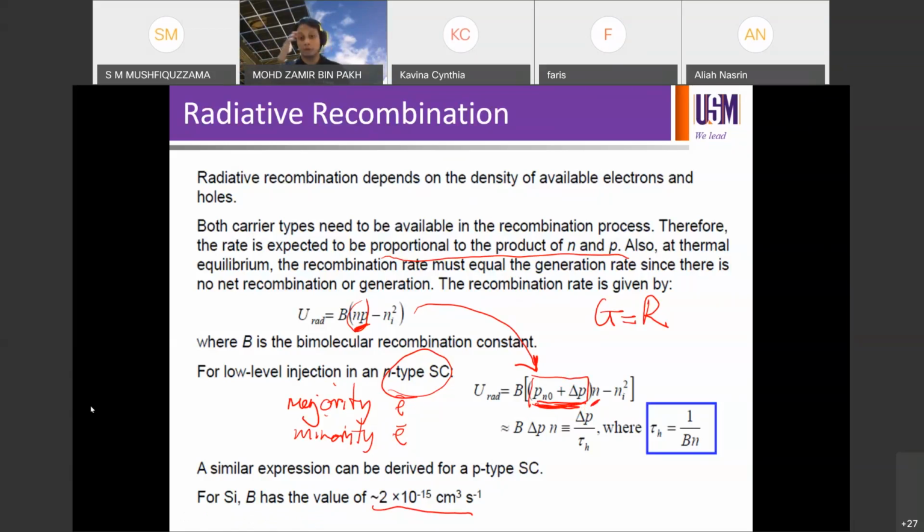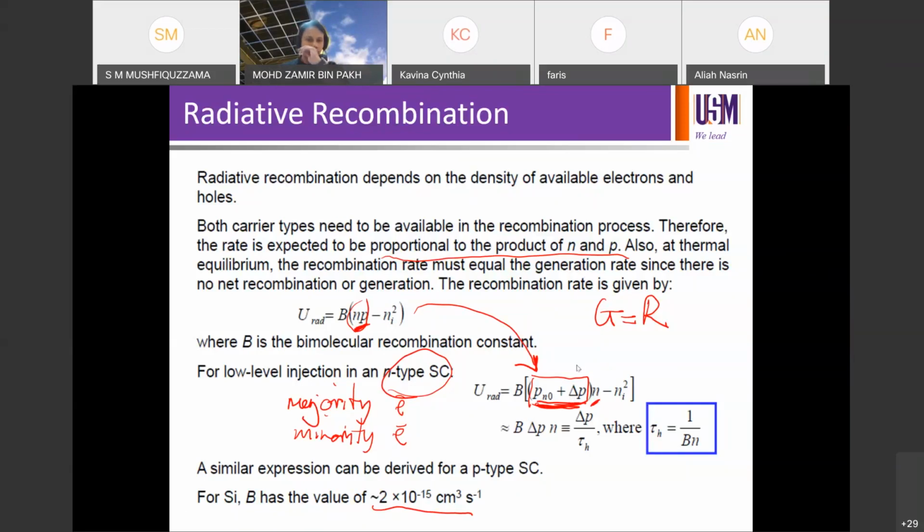For example, if you talk about p_n0, that belongs to the density of free holes in n-type material at thermal equilibrium, plus delta p. Okay, plus delta p, right? And delta p here is the excess carriers introduced into the system.